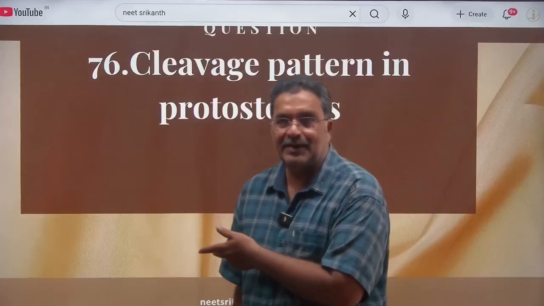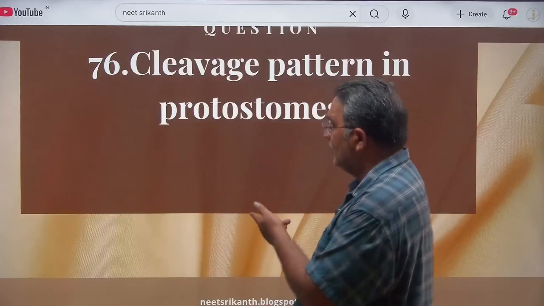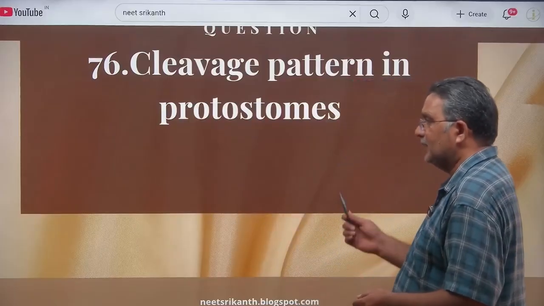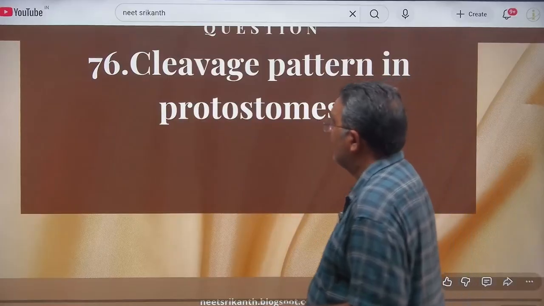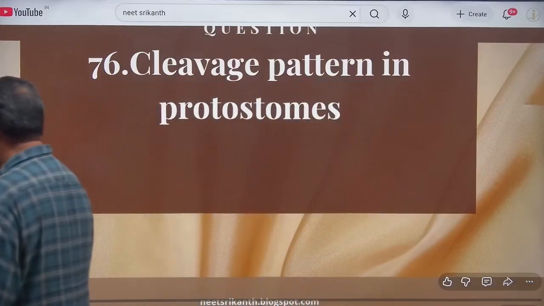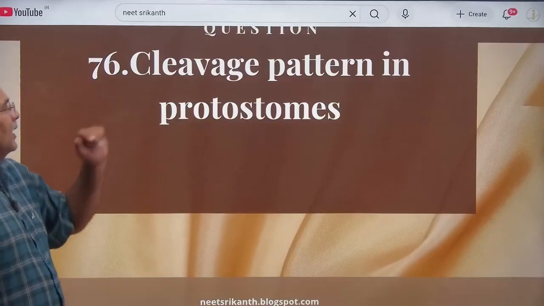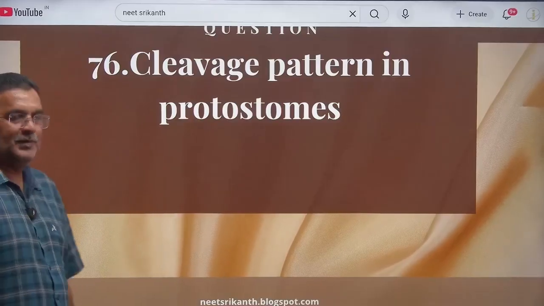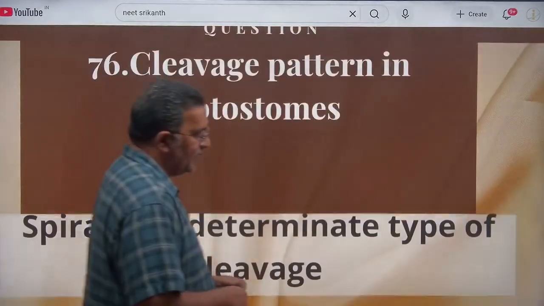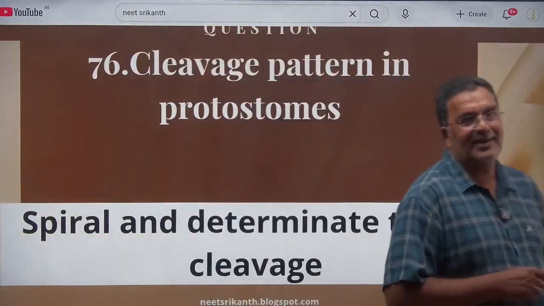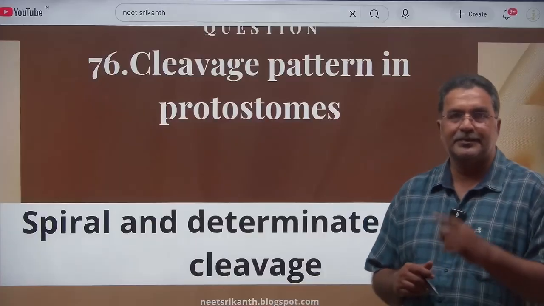Now I am explaining the questions here, and the questions will be given to you also. Cleavage pattern in protostomes: what is the cleavage pattern in protostomes? Spiral and determinate.